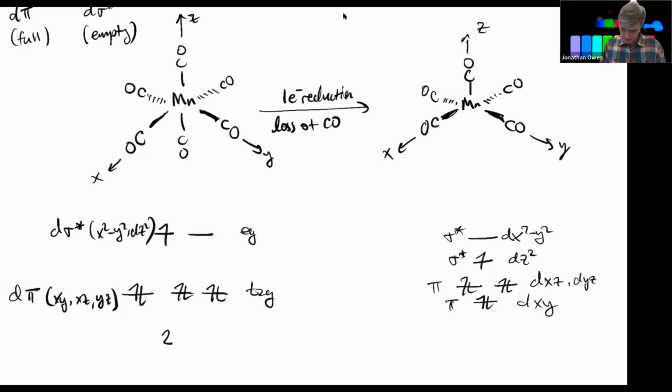This guy is a doublet E state. This guy is a doublet A. So you lose the CO, it lifts the degeneracy, you weaken the bonding with z squared, and therefore the sigma star level goes down. You weaken the pi bonds, and therefore the d pi levels go up.